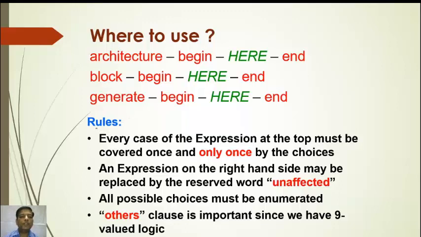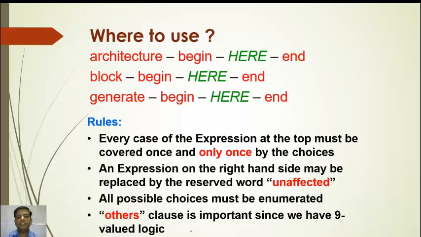Some rules for utilization: every case of the expression at the top must be covered once and only once by the choices. An expression on the right hand side may be replaced by the reserved word unaffected. All possible choices must be enumerated.